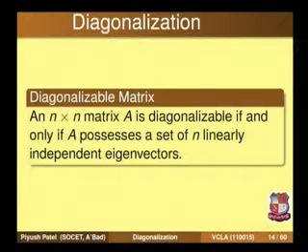This is a very important result for the diagonalization process. Let us recall again: an n by n matrix A is diagonalizable if and only if A possesses a set of n linearly independent eigenvectors. That means for diagonalization, the matrix should have enough eigenvectors.